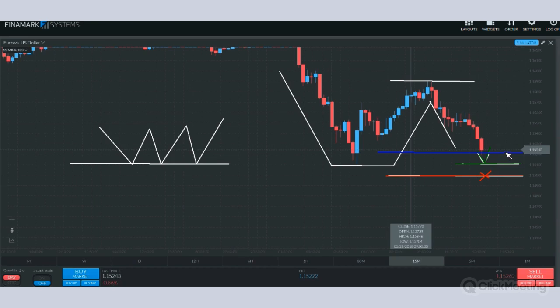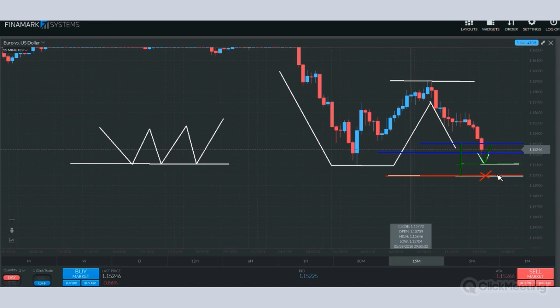Now, what happens if we set our take profit goal a little higher? What happens if instead of at 1.1520, we set it at 1.1530 here? Now, all of a sudden, if we're looking for price to go all the way up here to get out, we're giving ourselves a 2-to-1 risk to reward. That means we're risking 10 pips should things go south to potentially make 20 pips.